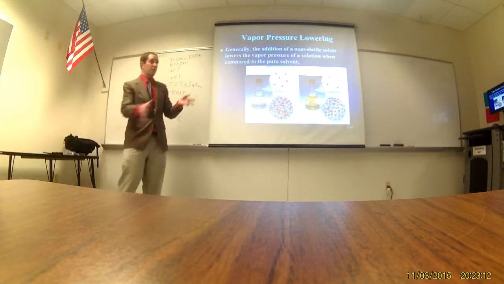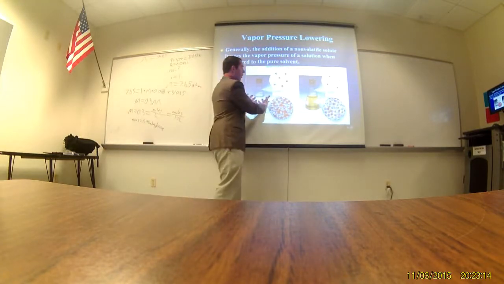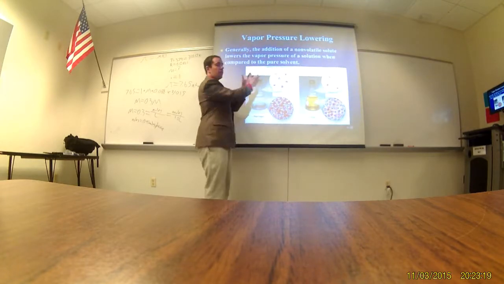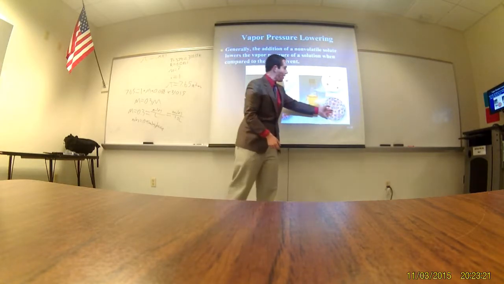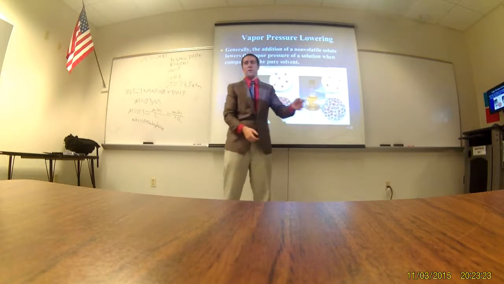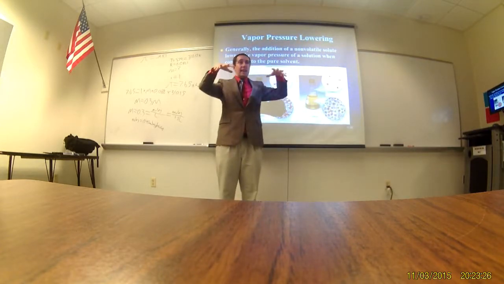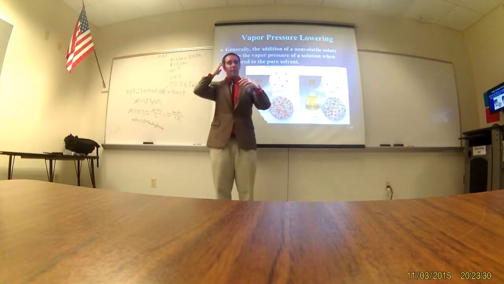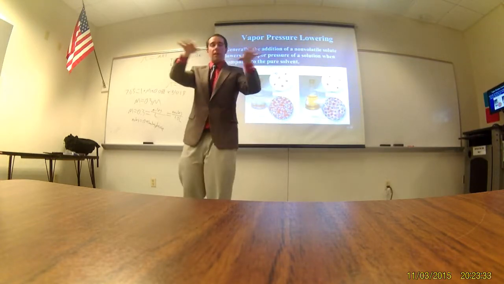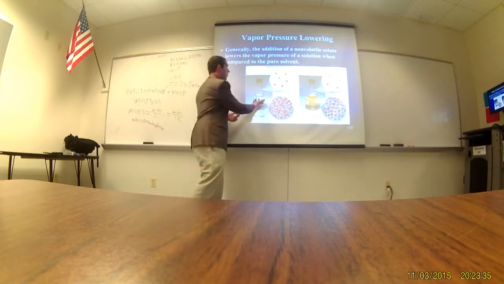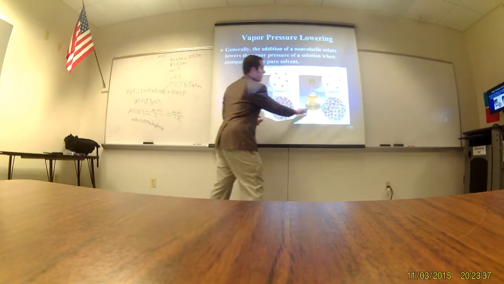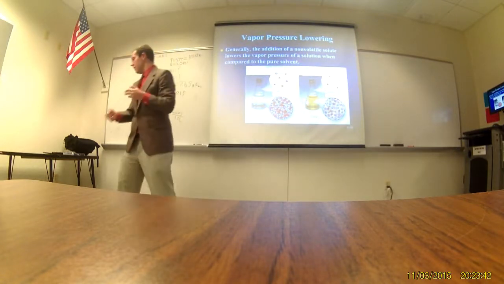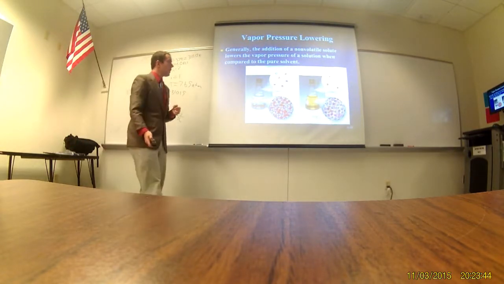You have water molecules flying around, and some of them will eventually go up into the gas phase. You have these salt particles, or whatever they are, in there. They basically get in the way. Some of them are going to be at the top, and the water molecule that was going to escape is going to hit the salt particle and bounce back down, preventing it from going into the gas phase.